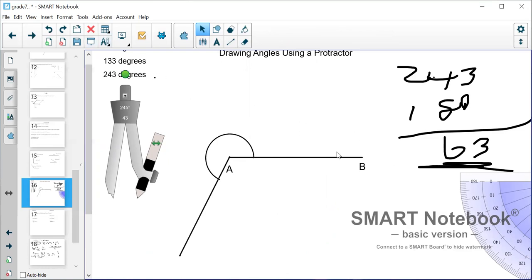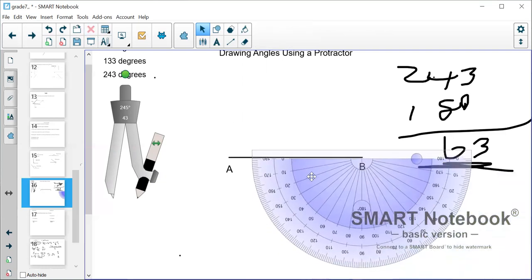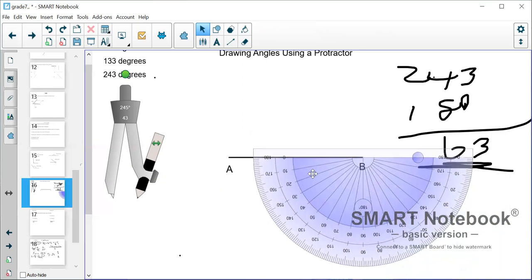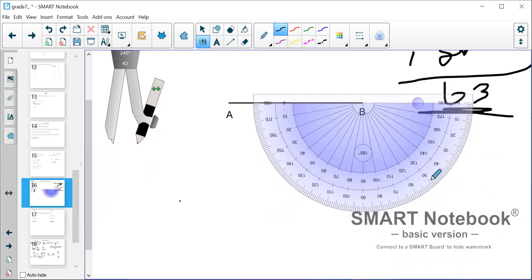Right? Now, from D, if you want to draw it from D, let me just get rid of these. If you want to draw it from D, then you place the protractor at D upside down and you find 60. But in this case, we're not finding 63 on the inside. We have to use the outside. So 0, 10, 20, 30, 40, 50, 60, and you count 3. 1, 2, 3. And you've marked the 63.